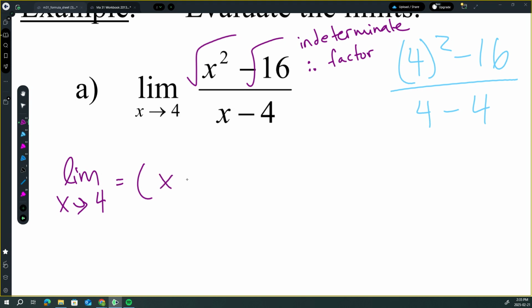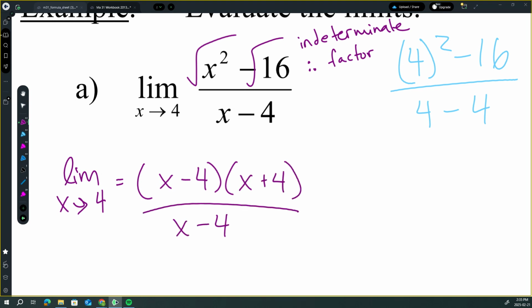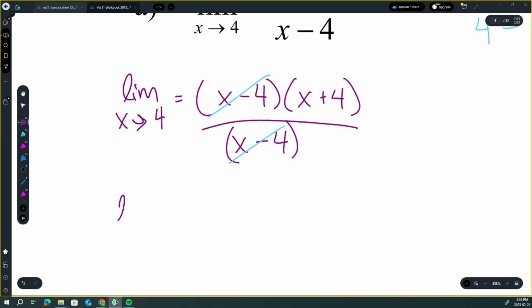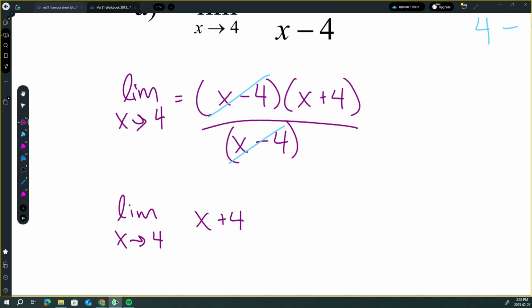For our difference of squares, we get x minus 4 times x plus 4, divided by x minus 4. We've got the same factor in the numerator and denominator, which means we can cancel those out. So the limit as x approaches 4 gives us x plus 4.